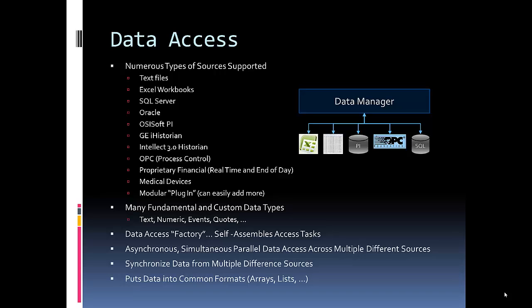So we, first and foremost, typically synchronize data based on date timestamps. So there may be in the Excel file and in Pi and in Oracle, a date time column, and we can take the data and we can actually assemble it and synchronize it based on date time or other key fields. And we have 4 different kinds of data synchronization methods, many of which you can find in something like SQL.